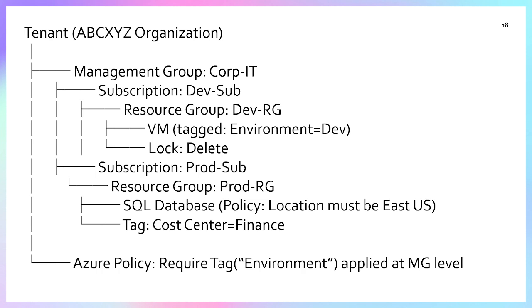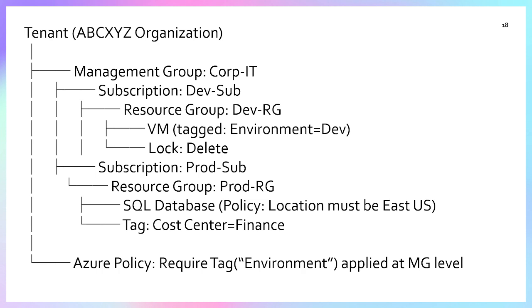And for the VM, there is a lock that prevents deletion, and for the SQL DB, a policy that location must be East US. Now, if we talk about the effects, the environment tag policy applies to all resources under both subscriptions, right? For the dev subscription, the VM is fine because it has environment dev.